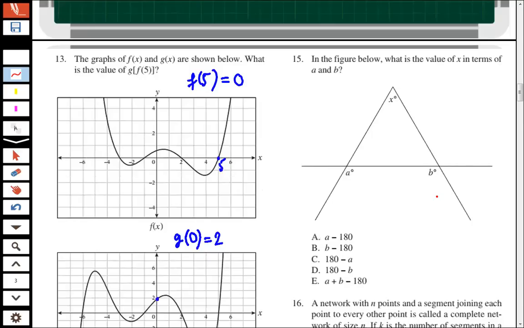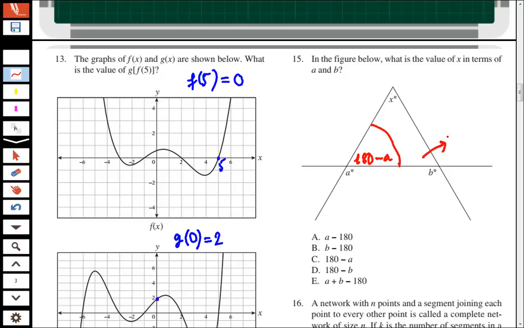Question number 15. In the figure below, what is the value of x in terms of a and b? The sum of angles in a triangle is 180. We have this one is 180 subtract A, since this angle and the angle A are linear, the same.